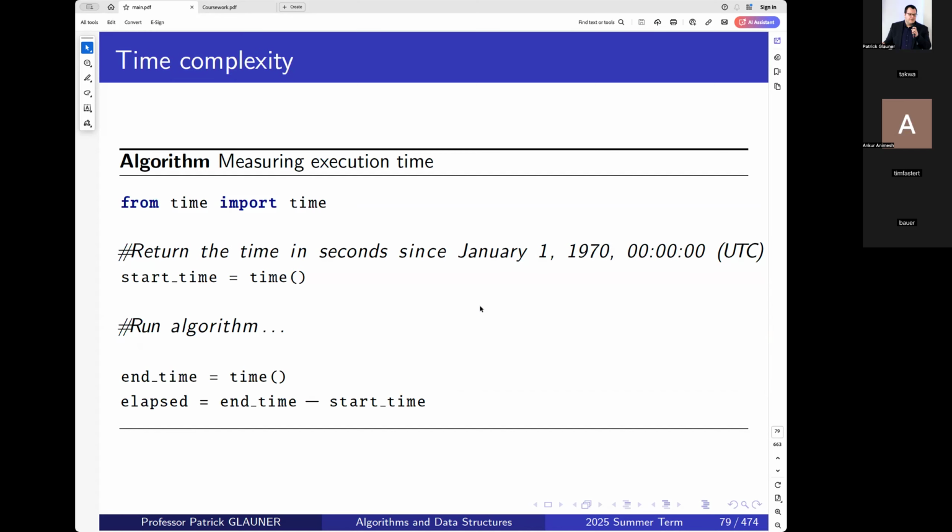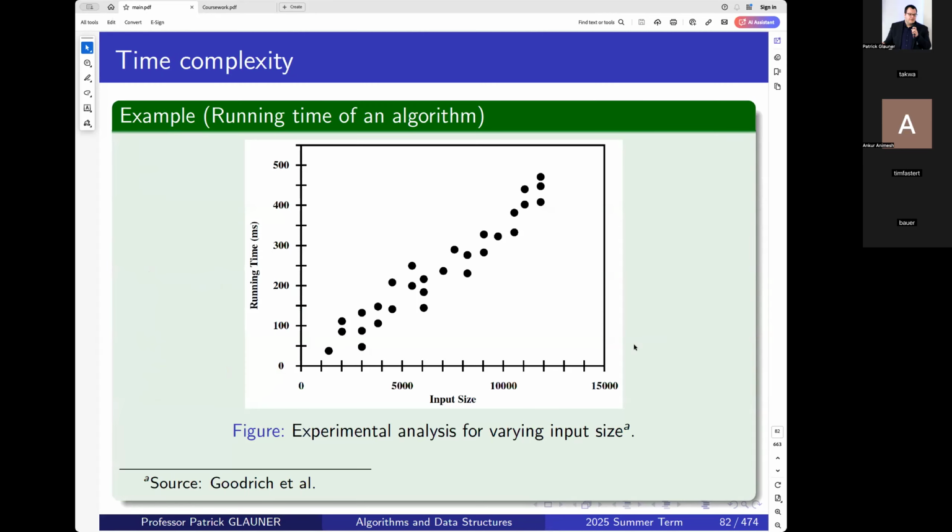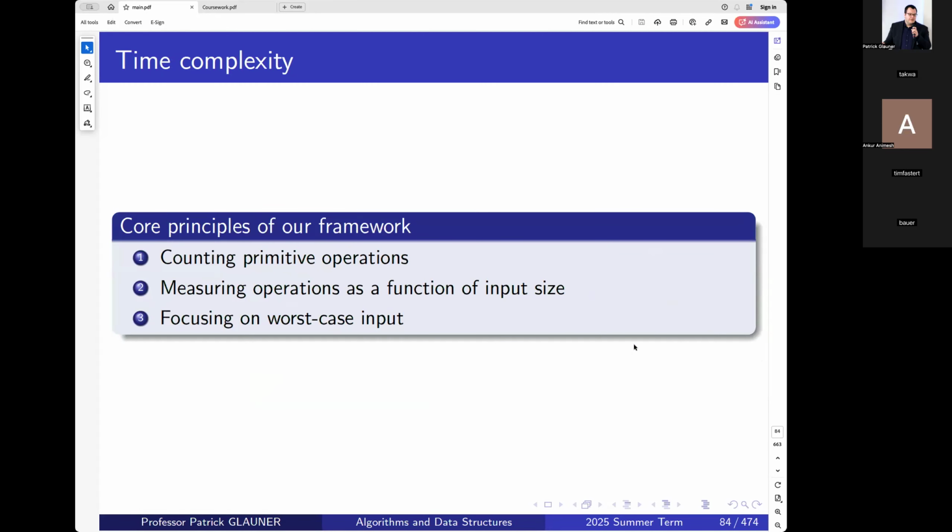We first of all wondered how we can measure the running time of an algorithm, and we saw that this can be done, but it's not very reliable and comes with lots of challenges. So what we want instead is a mathematical approach to determine the complexity of an algorithm that is based on counting the number of primitive operations, for which we assume that they are all equal in terms of the running time.